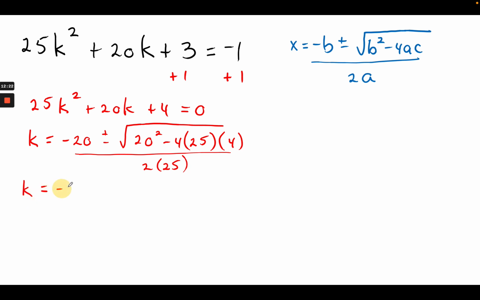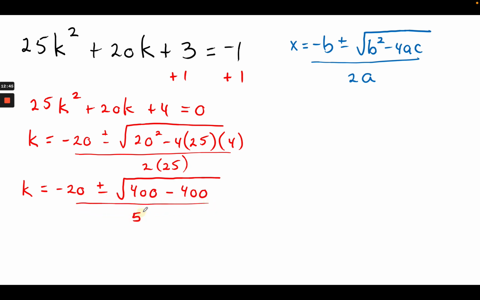K equals negative 20 plus or minus the square root of 20 squared, that's going to be 400, minus 4 times 25 is 100, 100 times 4 is 400.